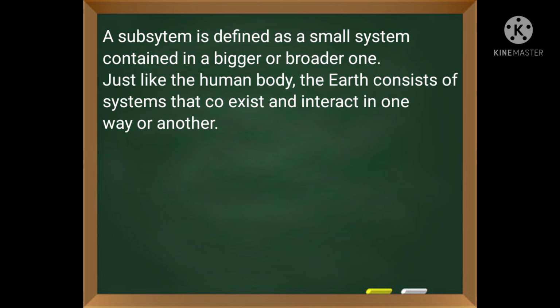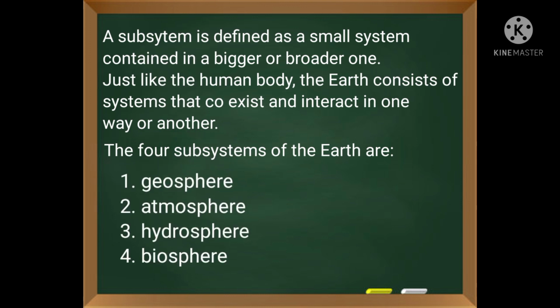Just like the human body, the Earth consists of systems that coexist and interact in one way or another. The four subsystems of the Earth include the geosphere, the atmosphere, hydrosphere, and the biosphere.